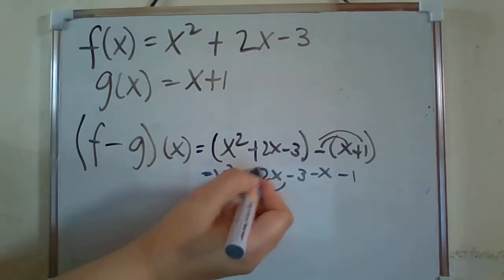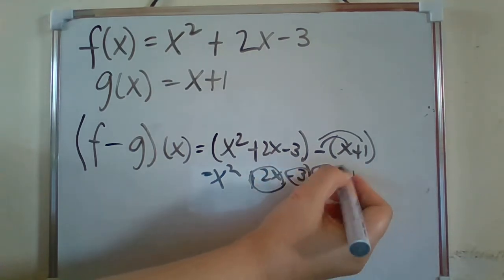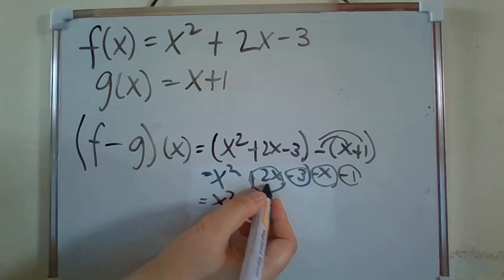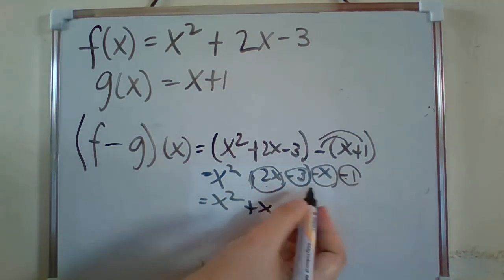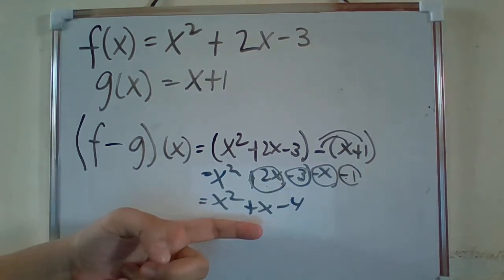So, same thing. Yung same terms ang gagalawin natin. Except for x squared. So, 2x, magiging plus x. Negative 3, negative 1, negative 4. So, that is now the difference.